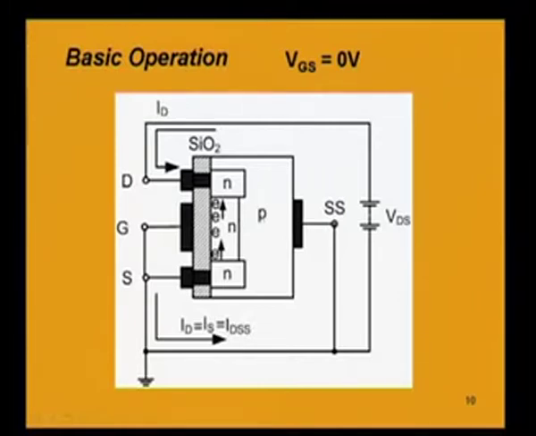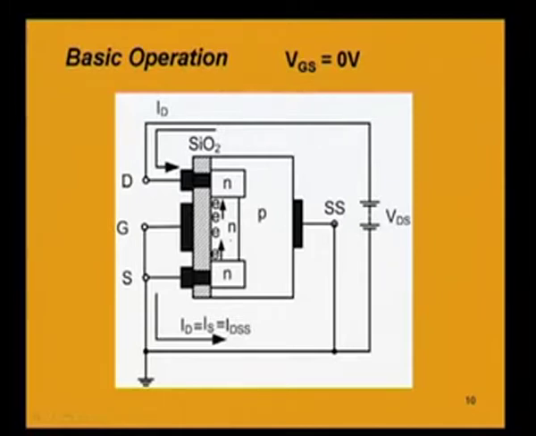Now, let us apply a positive voltage between the drain and the source. VDS is positive. So, if VDS is positive and we are not having any gate to source voltage, but because there is an abundance of electrons in the n channel, there are already free charge carriers, electrons, available in the n channel.